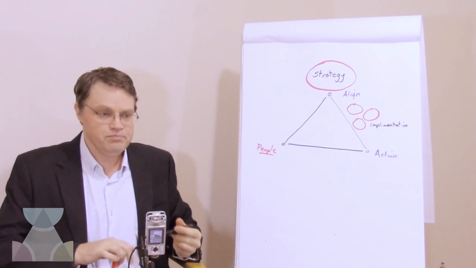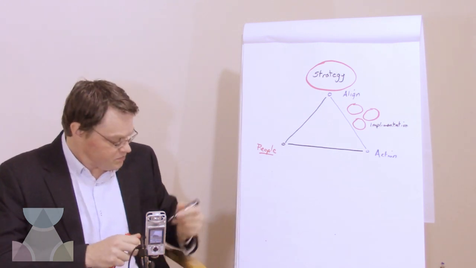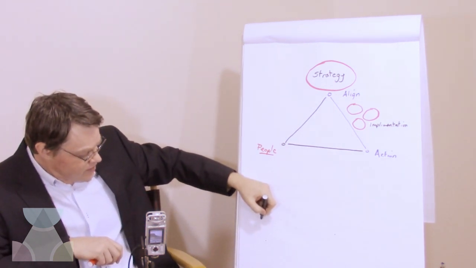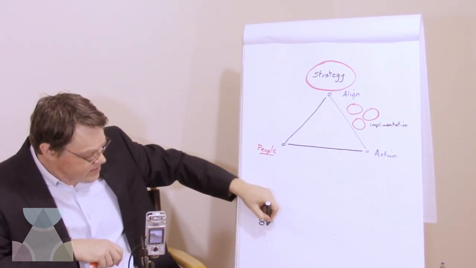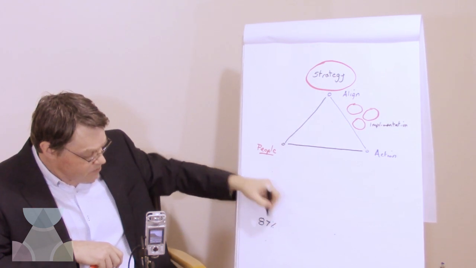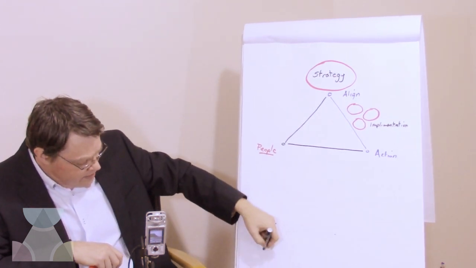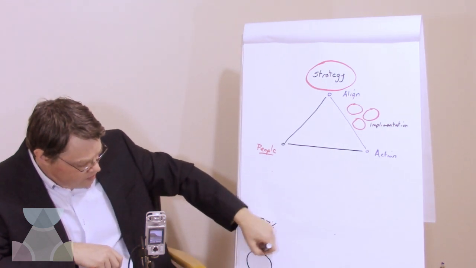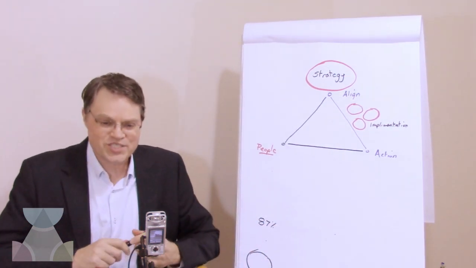And I've got some really bad news about people. If you look at all the organizations in the world, you would find that roughly 87% of the managers in those organizations correspond to what we would call busy and no results.